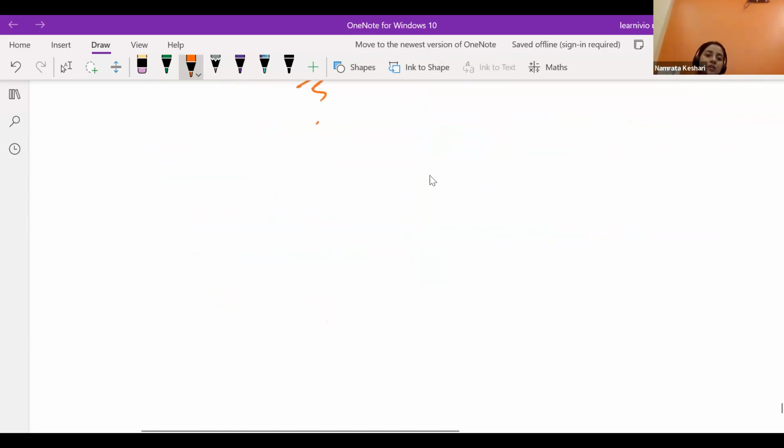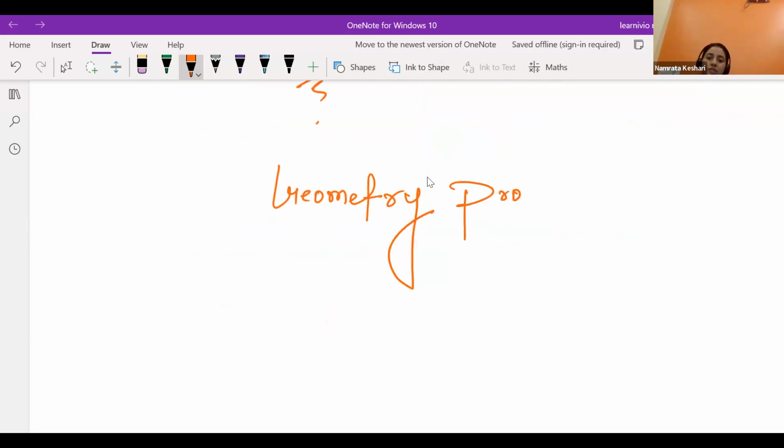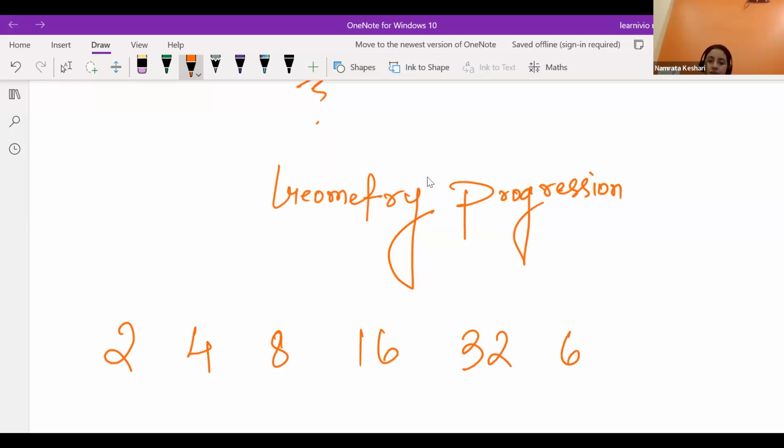Okay. Now geometric progression. We understand how exactly arithmetic progression looks like. Okay. What about this geometric progression? So basically, if our sequence looks like this: 2, 4, 8, 16, 32, 64.